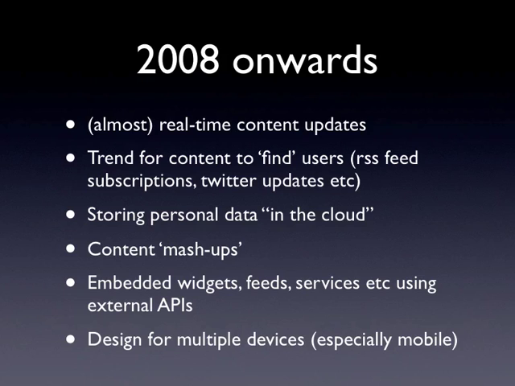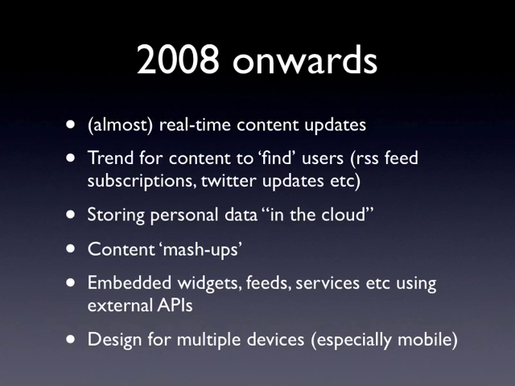So rather than people going to a particular website, you subscribe to someone's Twitter feed or an RSS feed or a blog, whatever, and then that content is delivered to you as it is updated, rather than you having to individually visit each of those sites each time you want to see them. And that's just a symptom of people having so much data and still wanting to be across a lot of it.